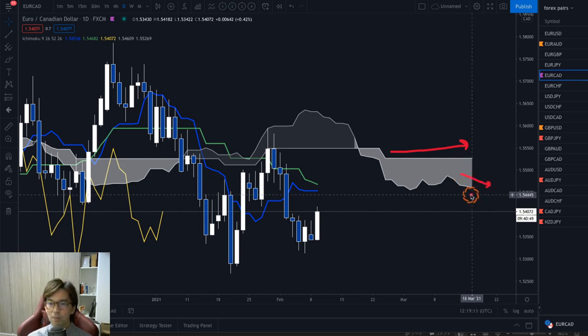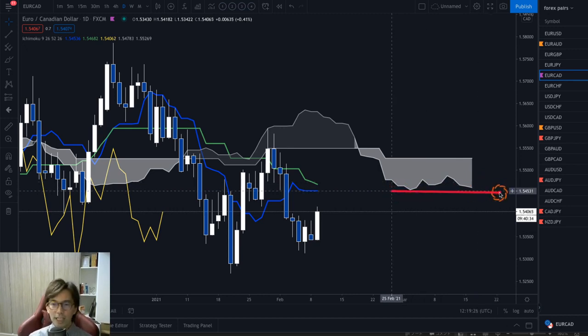The tip of the Senkou span A is downwards, and also Kijun Sen is pointing downwards too. So you might think that this is downtrending, but for me this is range because the whole Kumo is range, and what's more, the previous Senkou span A hasn't been broken yet.